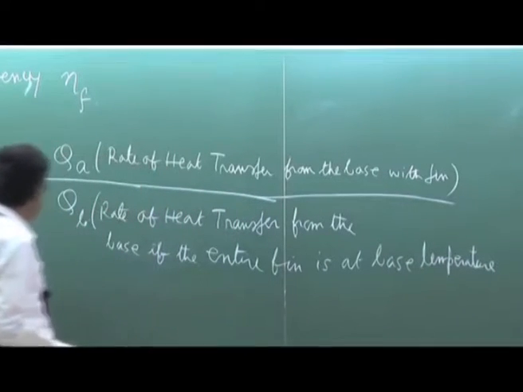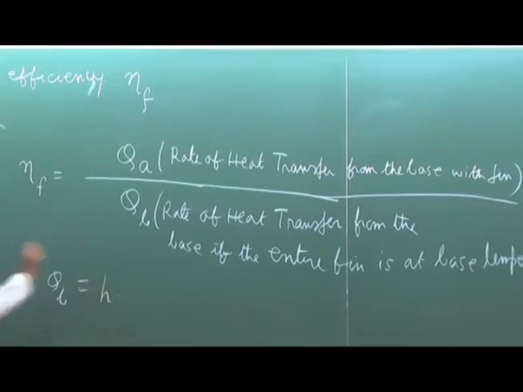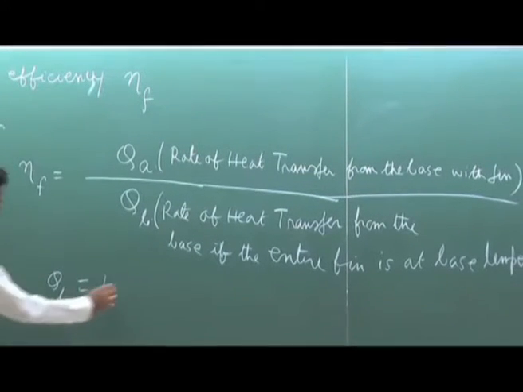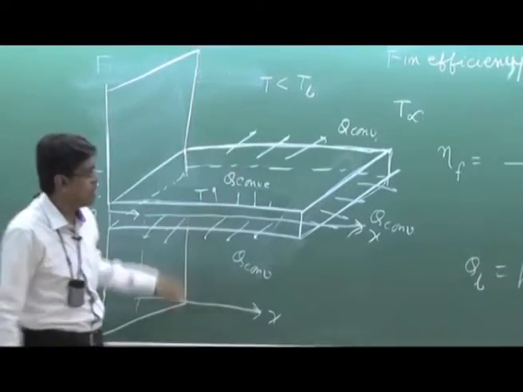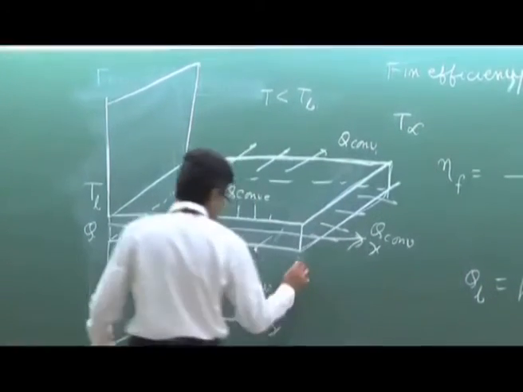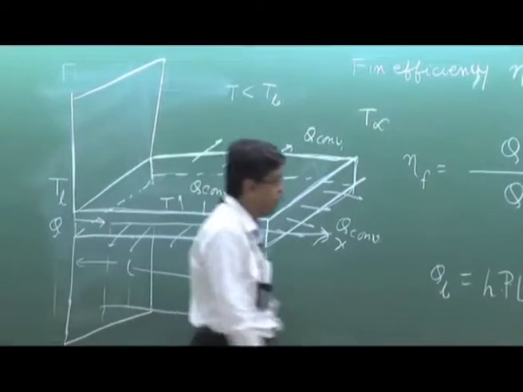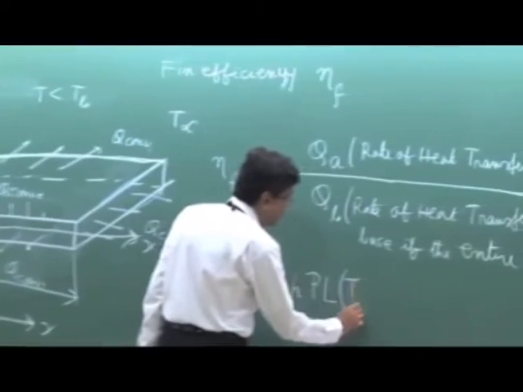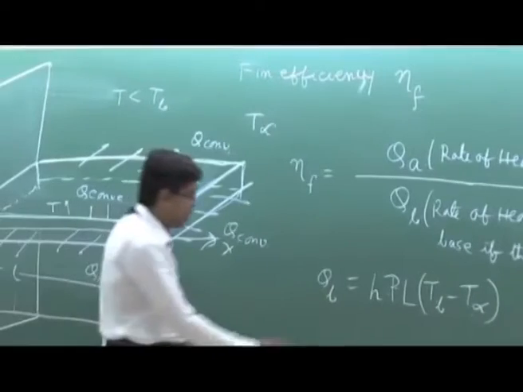Now QB therefore can be written like this: if h is the heat transfer coefficient, with our nomenclature P as the perimeter of the fin, that means the sum of this dimension plus this into 2, this side and the bottom surface, that is the perimeter, into the length of the fin, times Tb minus T infinity, because the entire fin is at base temperature.